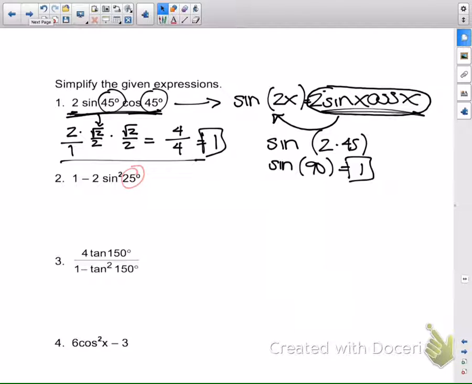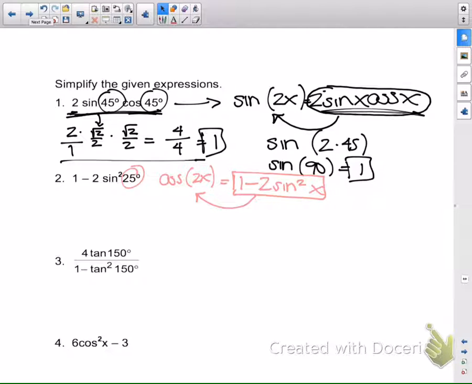The bottom one. I have a cosine formula that says the cosine of 2x is equal to 1 minus 2 times the sine squared of x. That's from my formula sheet, the third one down for your cosine. What I have looks a lot like this, which means I can simplify it using the left-hand side.